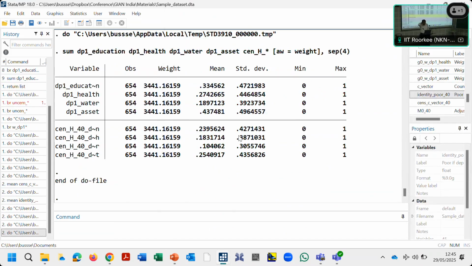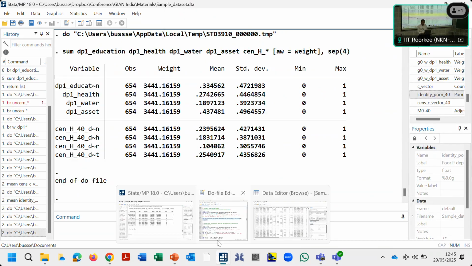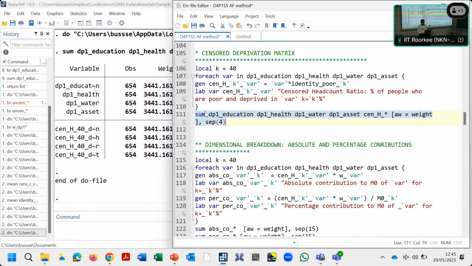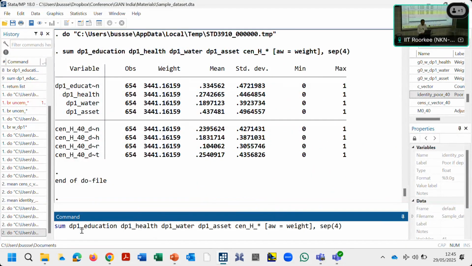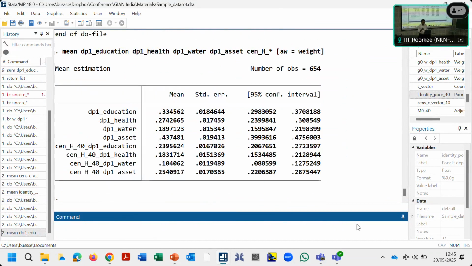Yeah. And now what you can do here, if you want to have the confidence interval as well, instead of this one, you just copy it, paste it here, and then write mean. If you simply write mean, then you get the confidence interval as well. Sum does not give you confidence interval, but mean does.